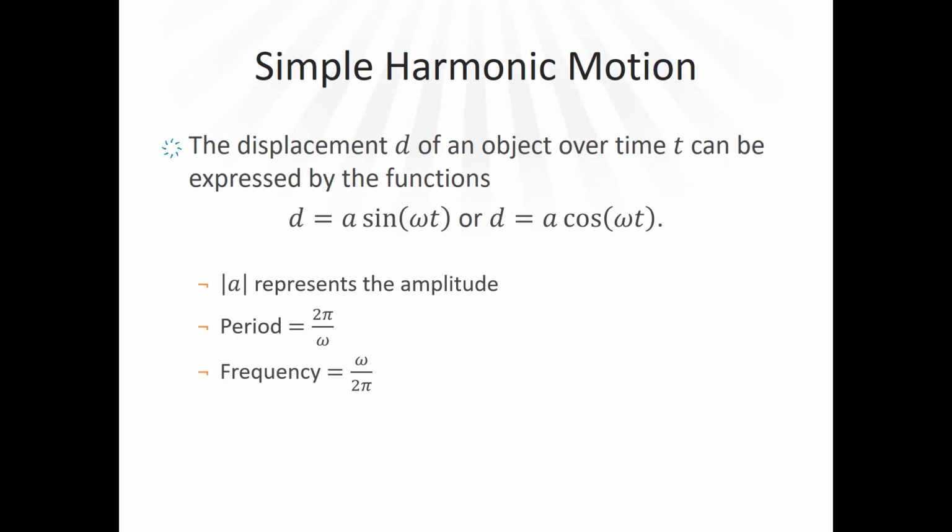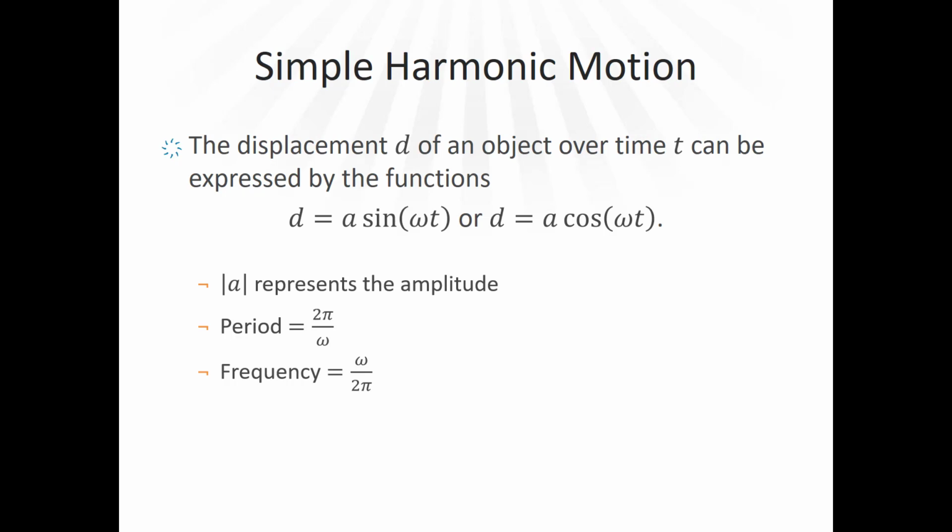But we can still talk about all the same things. The a value out front is still the amplitude. We're not going to worry about whether it's positive or negative when we call it the amplitude, so we're just going to think absolute value. The period, as we looked at before with periodic functions, was 2 pi over b, just as b was 2 pi over the period. So in this case, the period is 2 pi over omega. Now one thing that is new is frequency. Frequency and period are reciprocals of each other.